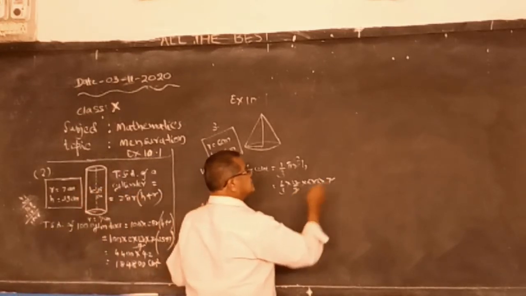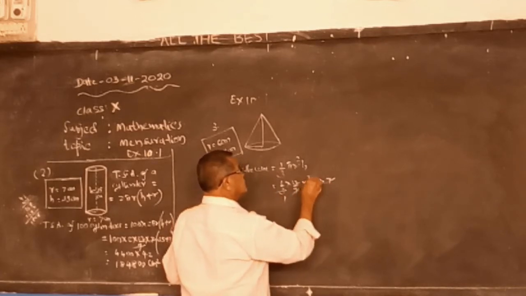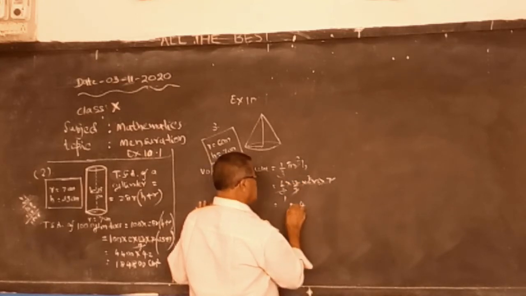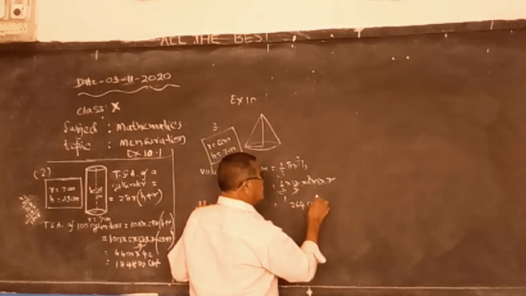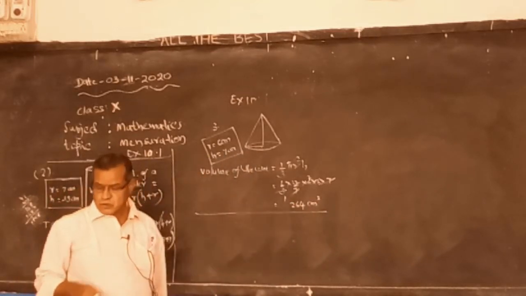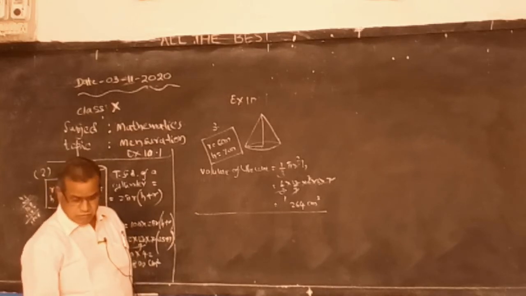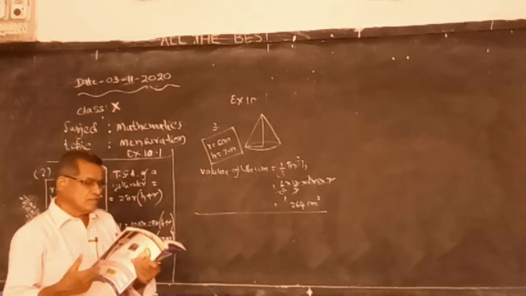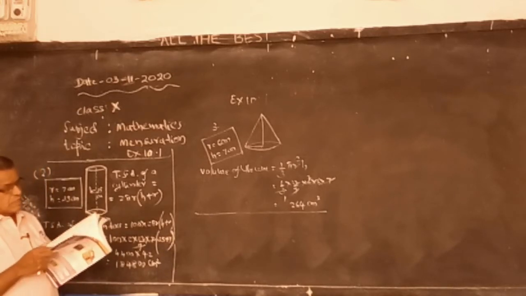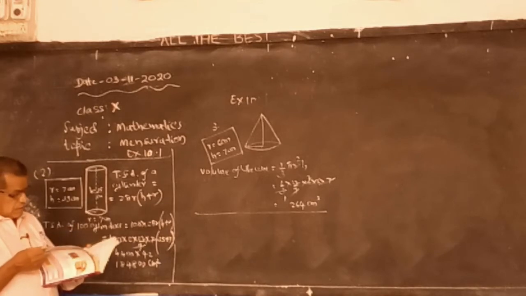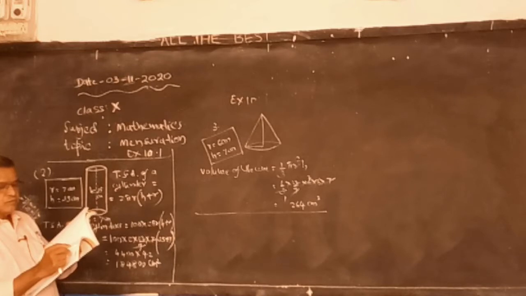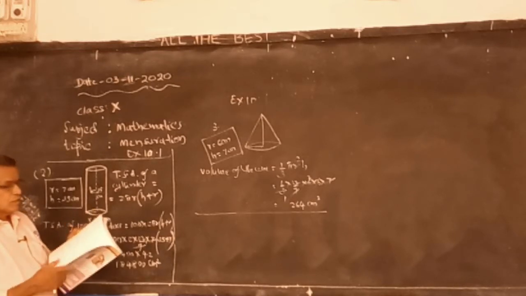Cancel 7 7 cancel, 3 1s are 3, 2s are... Now 6 2s are 12, 12 2s are 24, 264 cm cube, like this. Volume is in cubes, units of volume. This is the third problem, about the cone. Cubic centimeters. Okay, next 4.